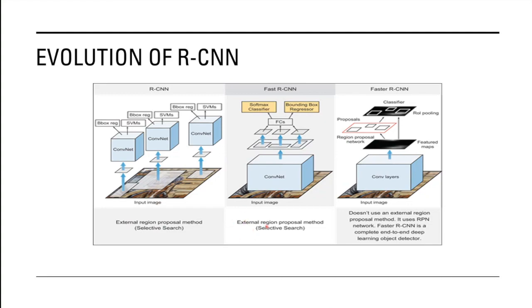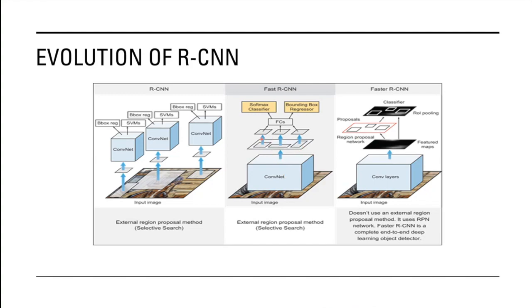Then a year or two after, they proposed another one. They just changed the algorithm. Instead of first finding the regions and then giving each region to a separate convolution, they use the convolution network, the backbone that you saw there, and extract features.